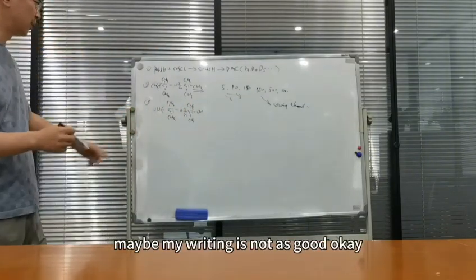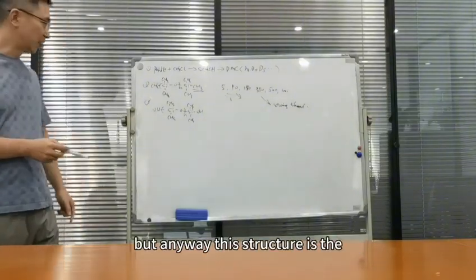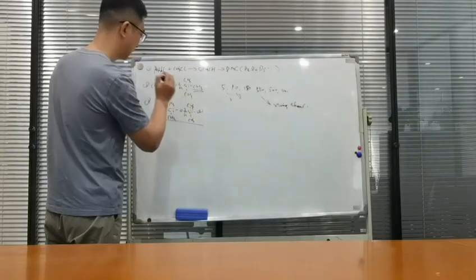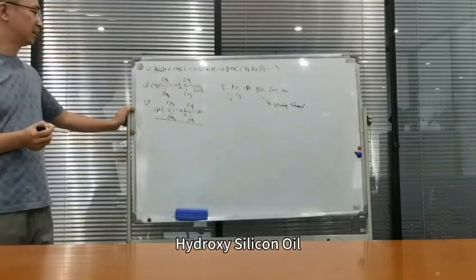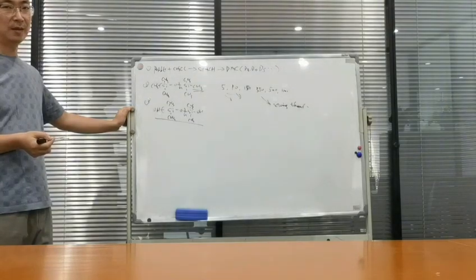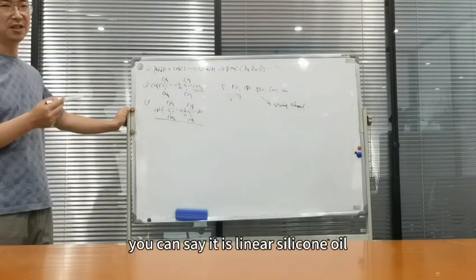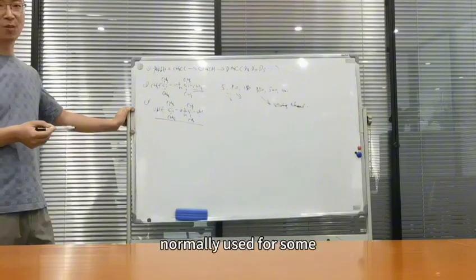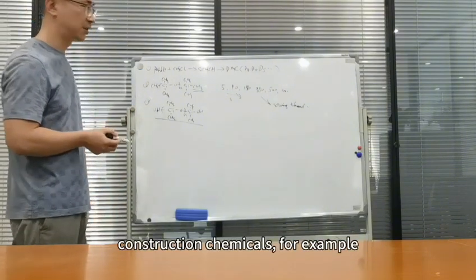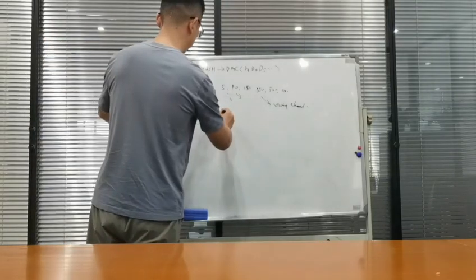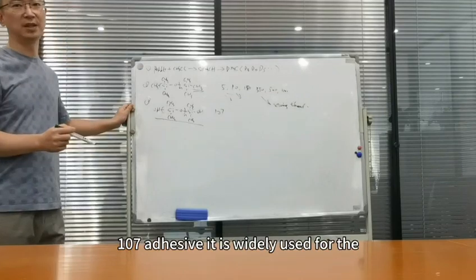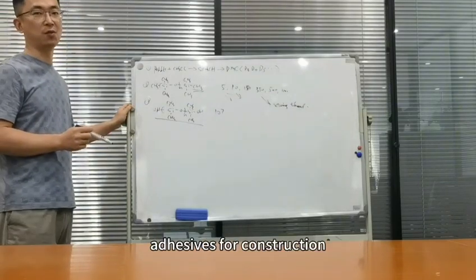Maybe my writing is not as good, but anyway, this structure is the hydroxy silicone oil. You can say it is linear silicone oil, normally used for construction chemicals, for example, 107 adhesive. It is widely used for adhesives in construction.